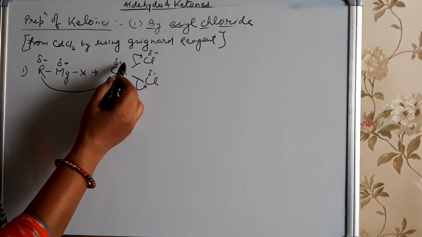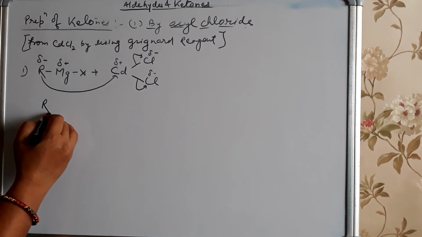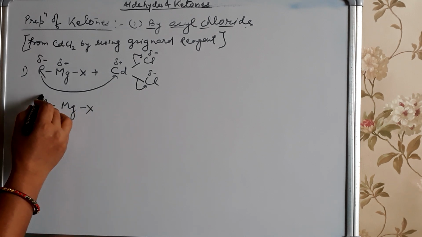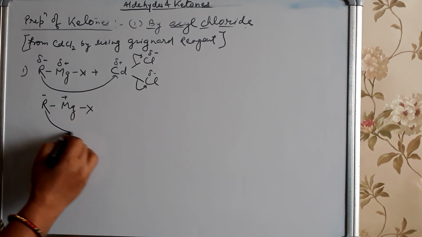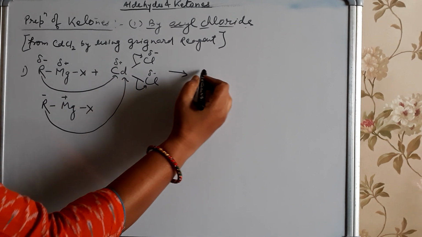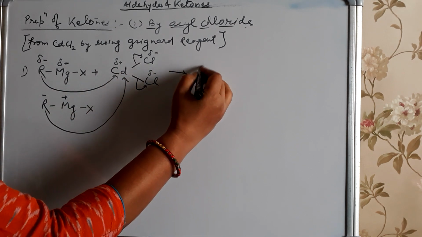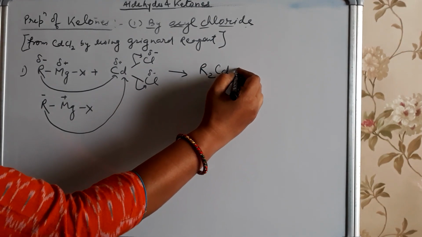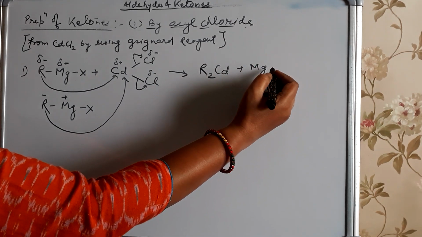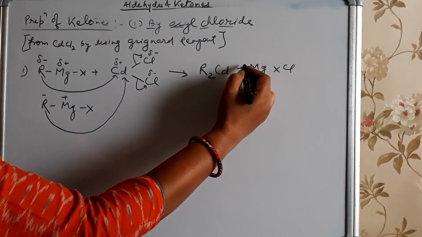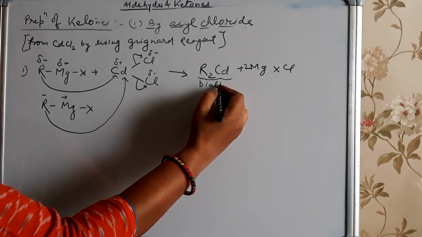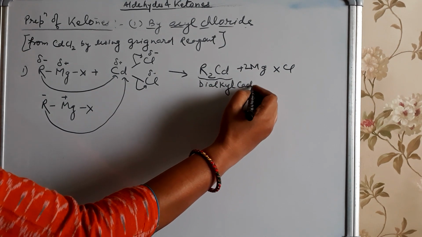Here is the 2 valency, so one more Grignard reagent is also required for the alkyl group. Negative charge, positive charge, this again goes to the cadmium. What happens? Here dialkyl cadmium forms along with 2 molecules of MgCl2. So formation of dialkyl cadmium.